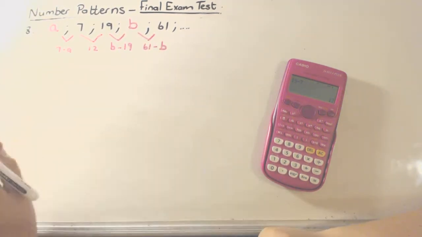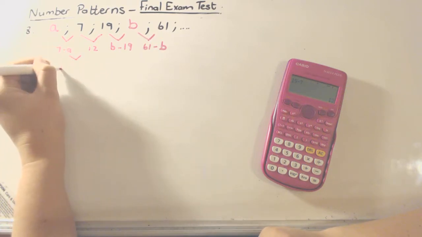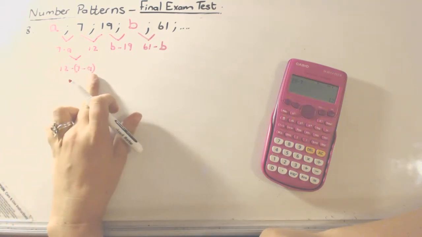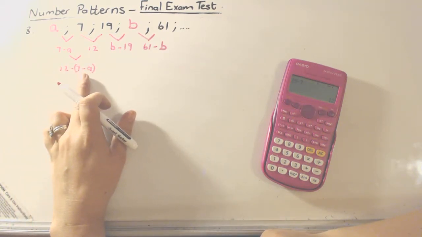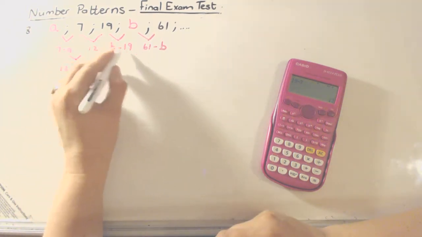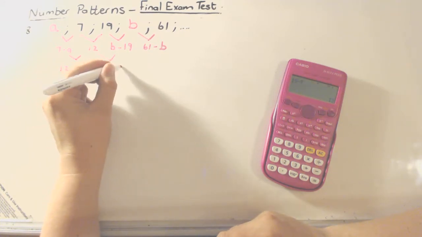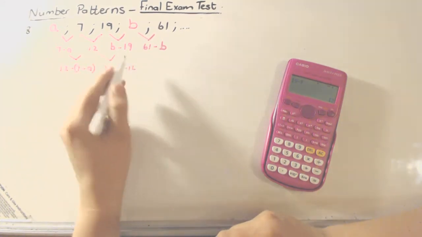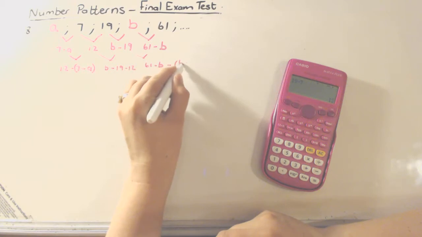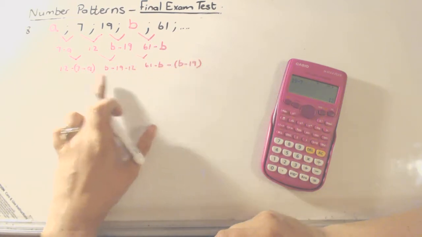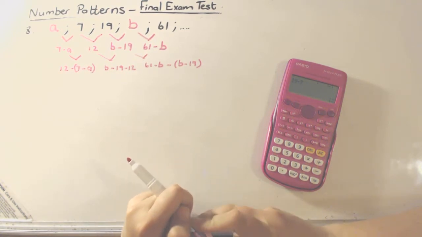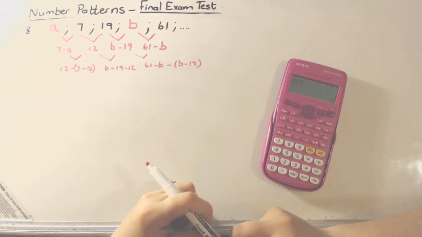And then I know that my second differences, 12 minus (7 minus a), and be careful not to leave out the brackets there, this and b minus 19 minus 12, and then 61 minus b minus 19. All of these things should be the same. So that is something that I have here.